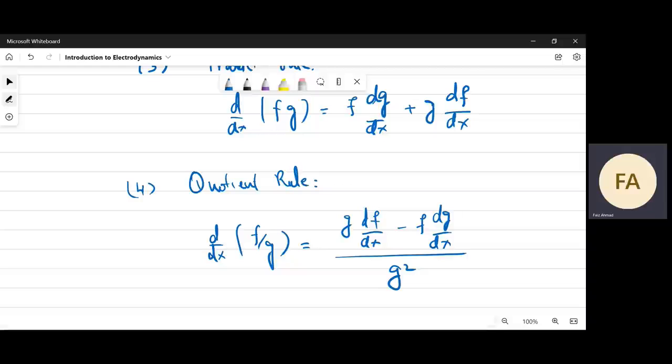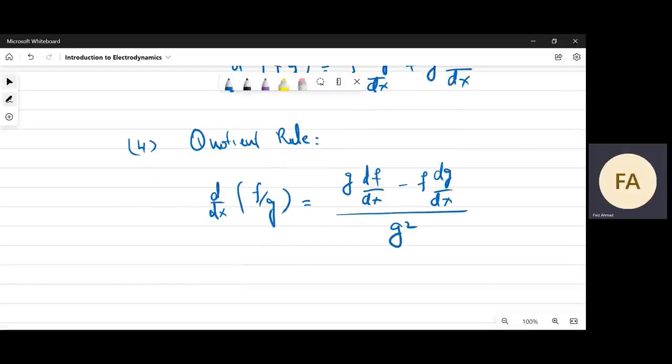So we have these four rules for differentiation when we have ordinary derivatives.